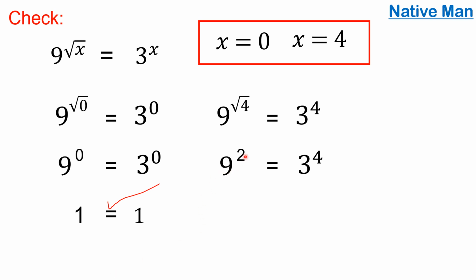What is 9 raised to 2? 9 times 9 is 81. And what is 3 raised to the fourth power? 3 times 3 is 9, times 3 is 27, times 3 is 81. So 81 is equal to 81, then that is correct. So our answer, the values of x, are x equal to 0 and x equal to 4.